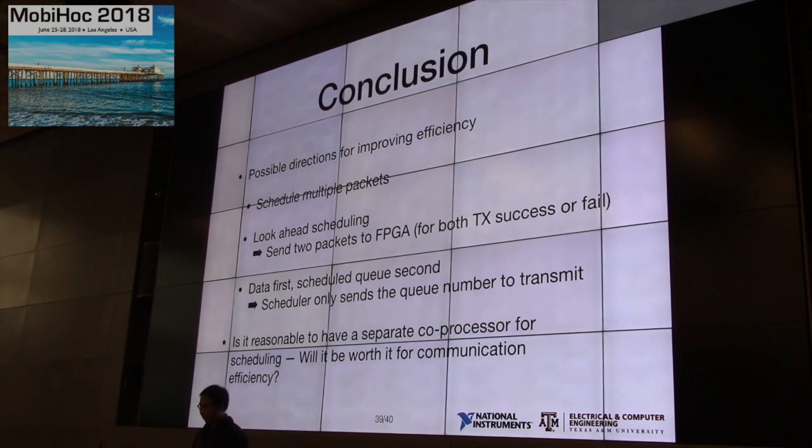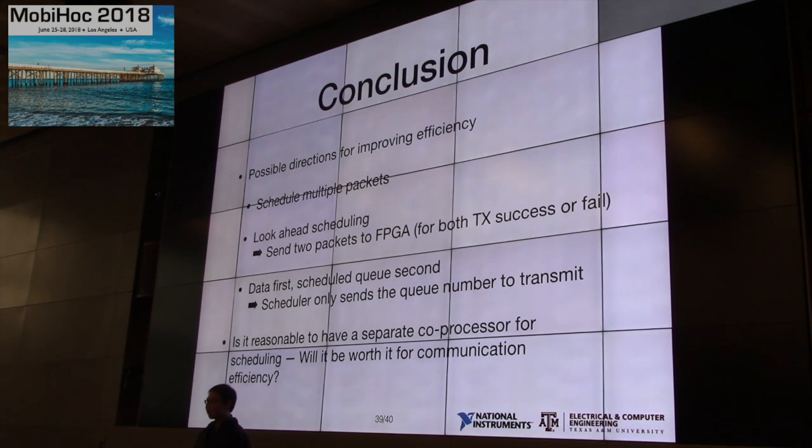But ultimately, I guess the question is, is it reasonable to have a separate coprocessor? So instead of using just one host machine processor to do everything, maybe you can use another processor just to do the scheduling decisions. And this would be a matter of cost benefit, because is it worth it to put an extra processor right next to your network interface card just to do scheduling decisions?